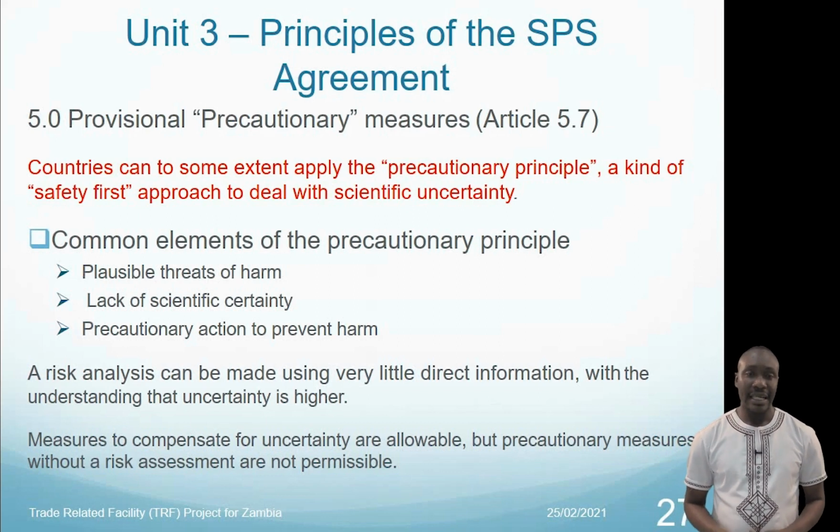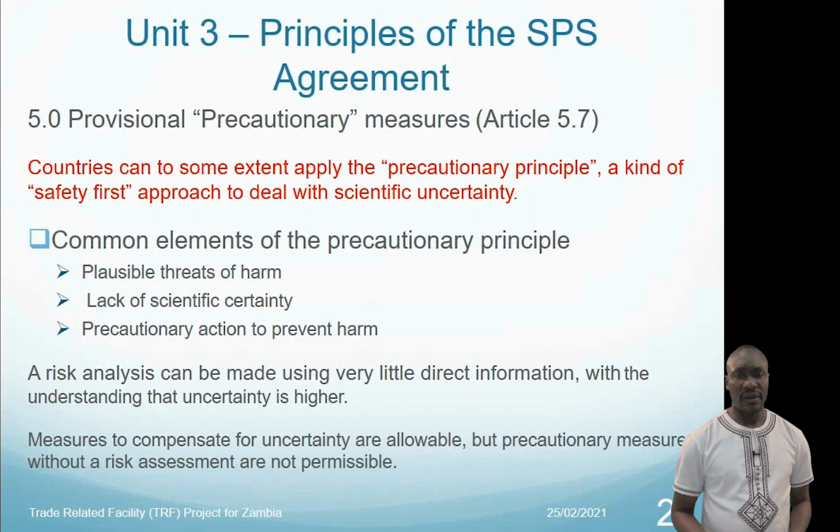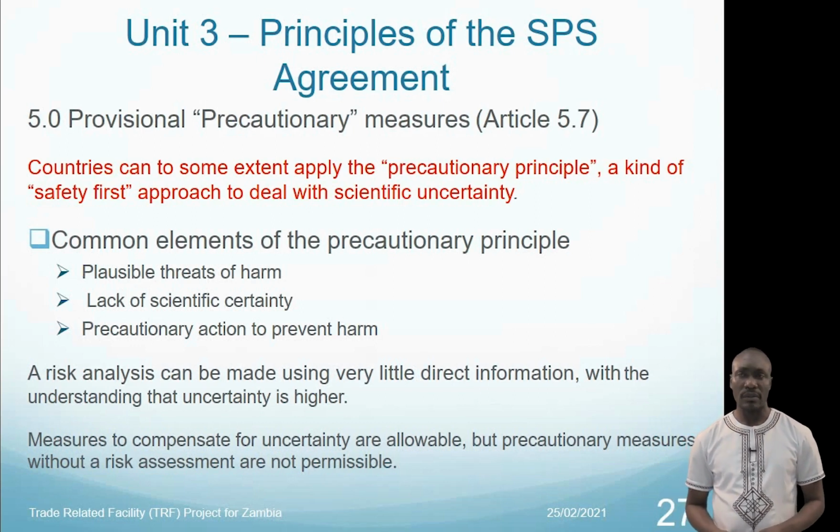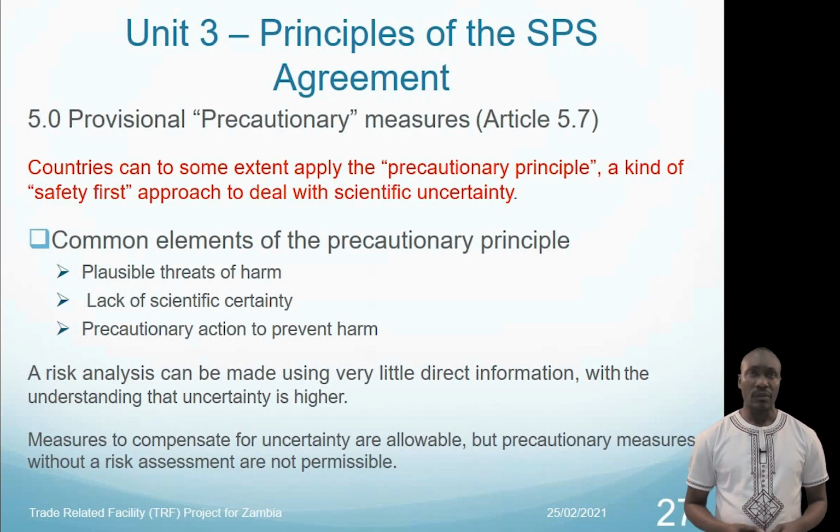So a risk analysis can be made using just very little information, with a clear understanding that the uncertainty is too high. And sometimes uncertainty can be because maybe the different scientific communities are not agreeing on a particular topic.